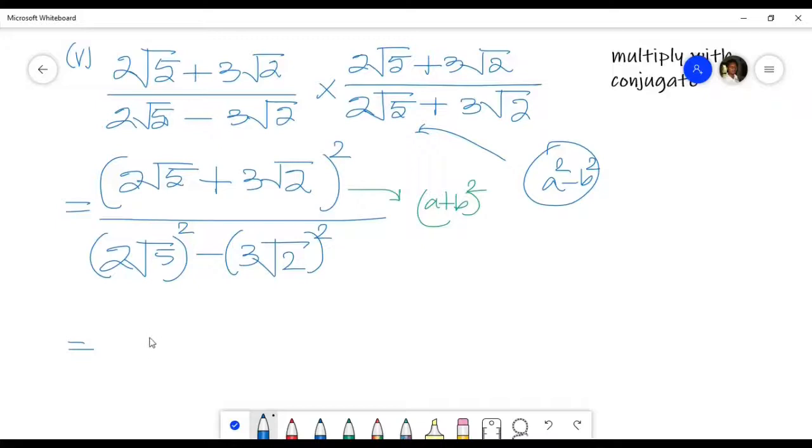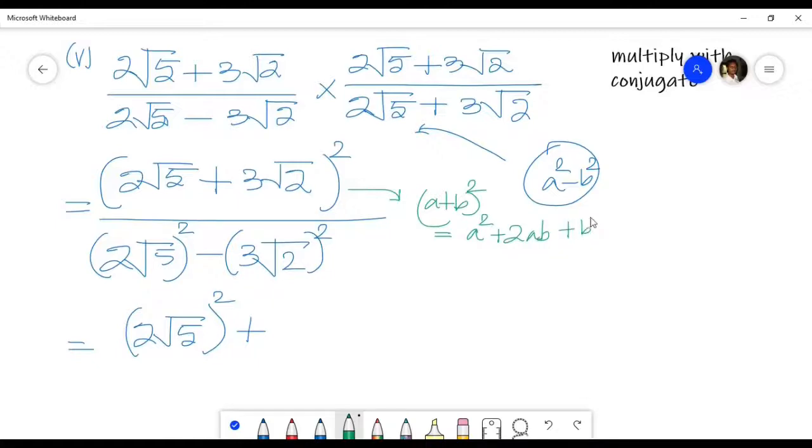Two root 5 whole square plus... okay, let me just write it for you: a square plus 2ab plus b square, right?